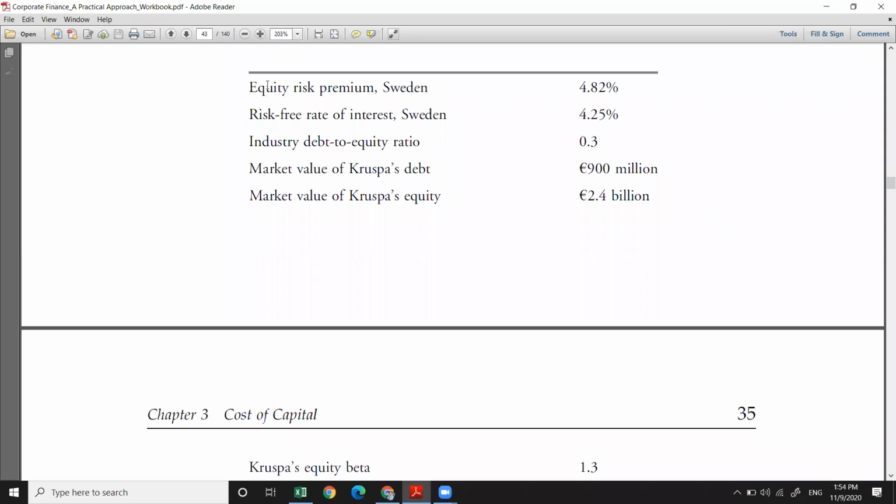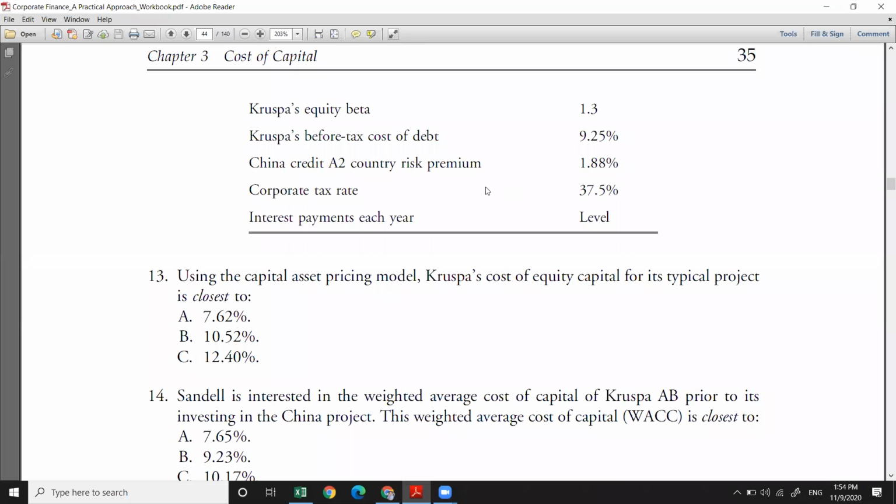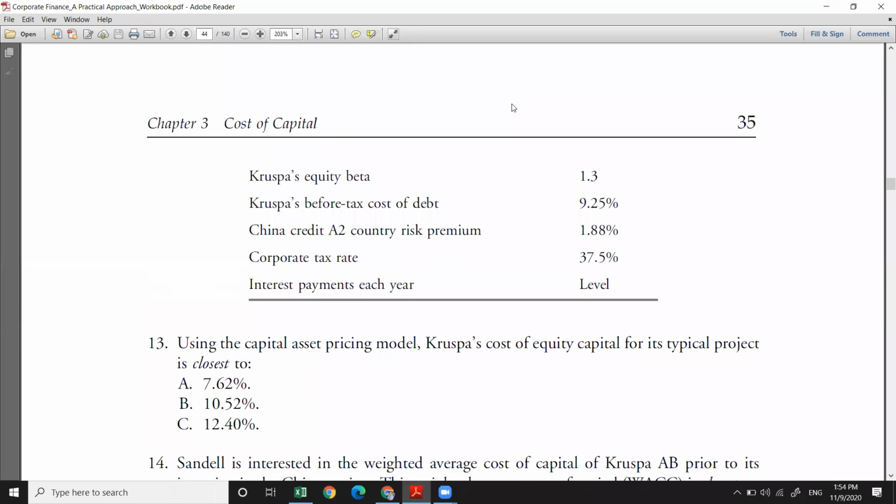It's directly given, so you don't have to calculate or subtract anything. You just substitute into the CAPM model: 0.0425, which is the risk-free rate, plus 1.3 times the market risk premium, which is 4.8%. And this is equal to 10.5%.